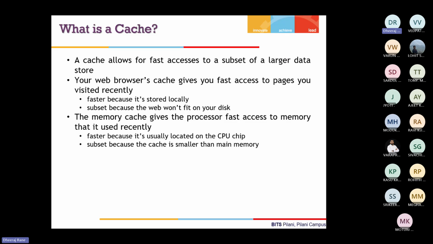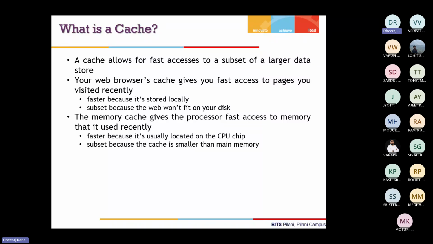So cache, I think we are clear about what exactly the cache is. There is a huge difference between the processor speed and the main memory speed. And just to bridge this particular gap, we have the memory hierarchy, and we are introducing cache memory for faster access of data.